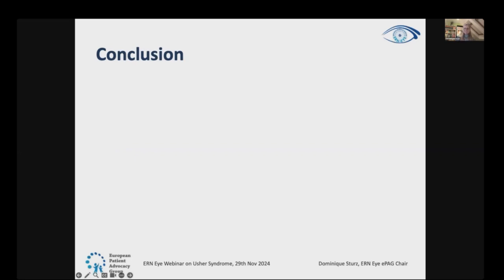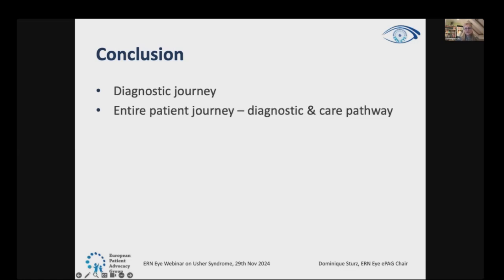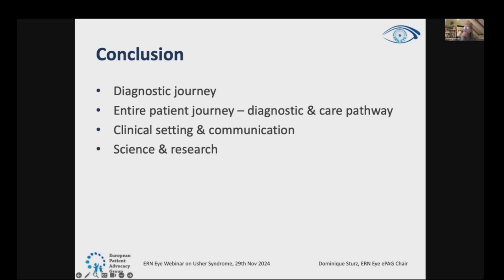Well, as a conclusion, we can say that we have looked into the diagnostic journey, the entire patient journey and care pathway. We have looked into the clinical setting and communication and the environment that we can build there that is relevant for patients. And we have looked into science and research, what is relevant there.